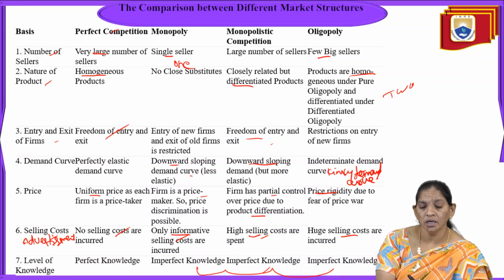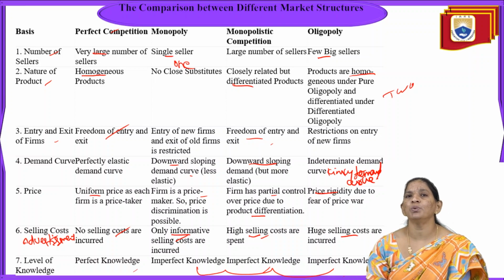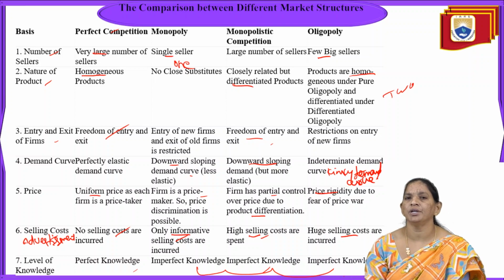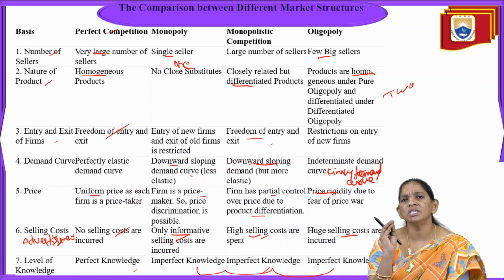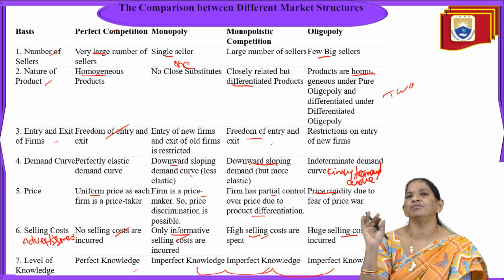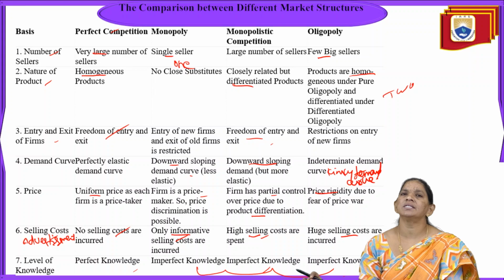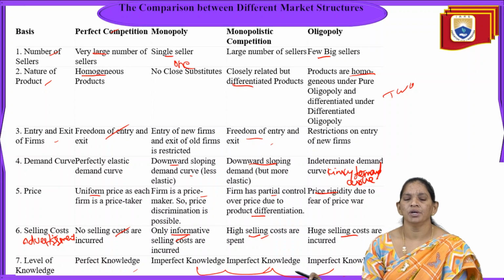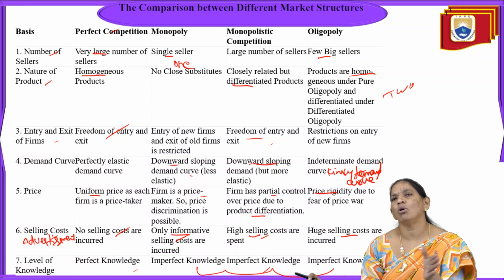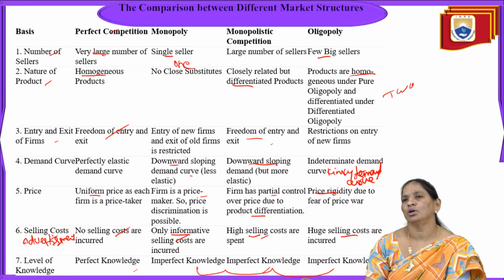But only in perfect competition will there be a good knowledge, meaning total information relating to the product, seller and buyer, every piece of information, is provided. That's why perfect knowledge is achieved in perfect competition. All others have imperfect knowledge.